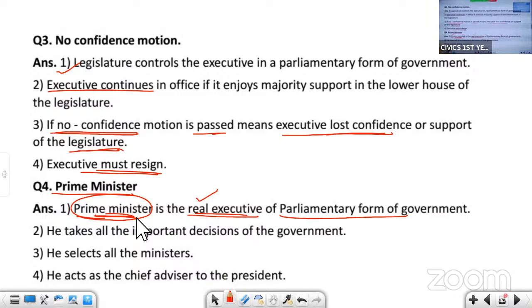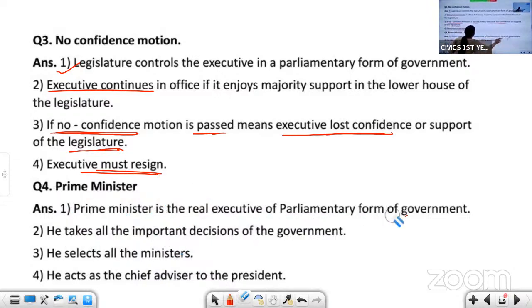And he selects all his ministers. The Prime Minister will select his ministers, and they belong to the same party, the majority party in the parliament.